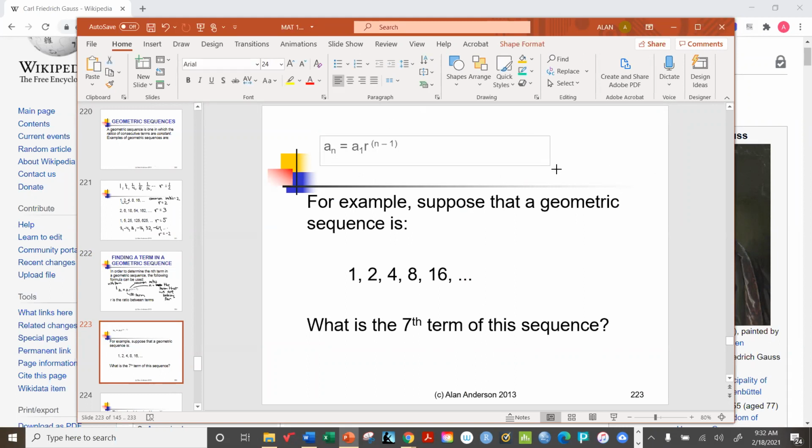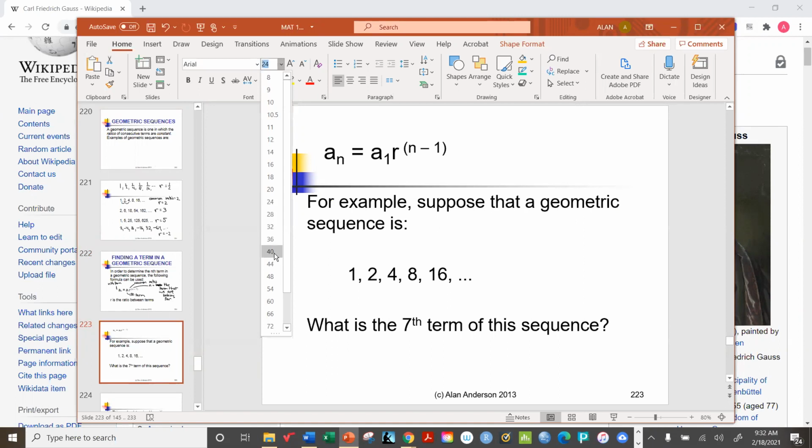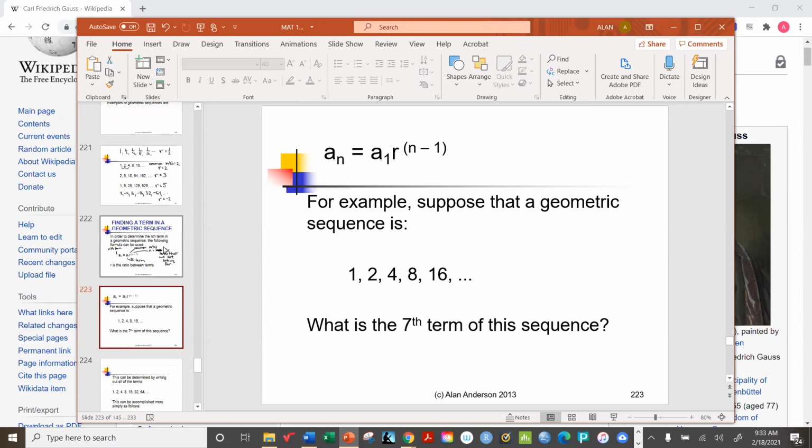Why don't you go ahead and on your piece of paper, tell me what is the seventh term in this sequence using that formula. Now, if you want to double check, feel free to write out the next few terms. That's fine. But I'd like you to use the formula just to get some practice with it. So take a minute and tell me, what is the seventh term of this sequence?